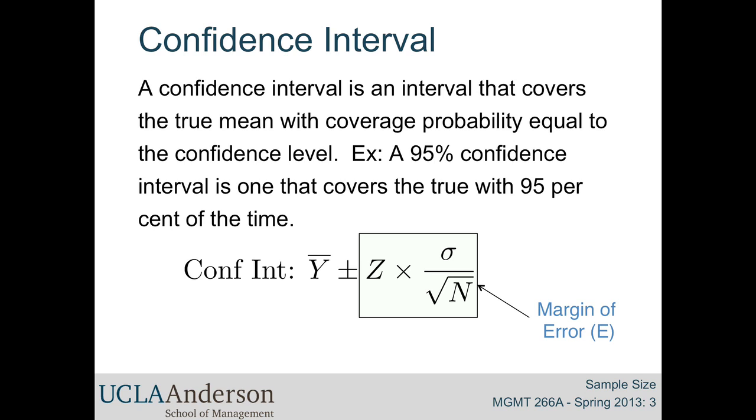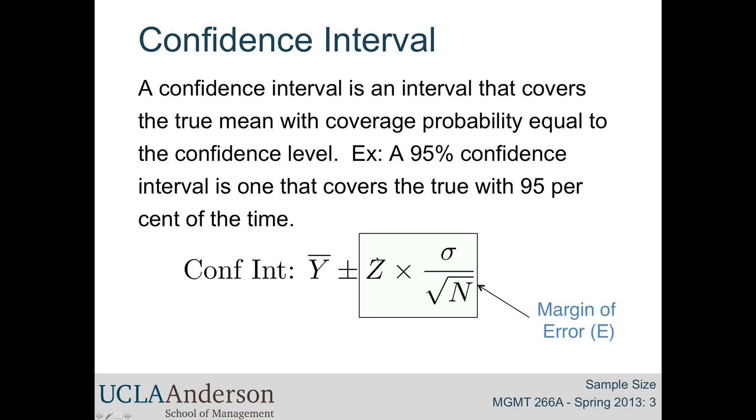So the idea of a confidence level is to specify a degree of confidence, for example, the most typical one, 95% confidence. Let's construct an interval that will contain the true mu, the true unknown population mean, 95% of the time. The general formula for a confidence interval is y bar plus or minus a multiple of the standard deviation we discussed on the previous slide. That z times the standard deviation is really the margin of error, which we're calling E.